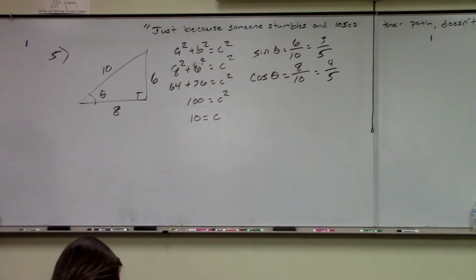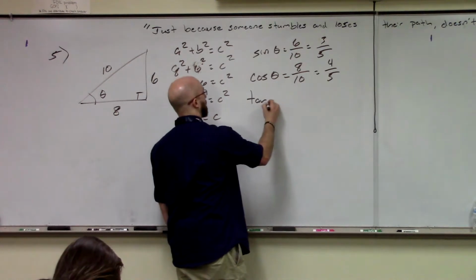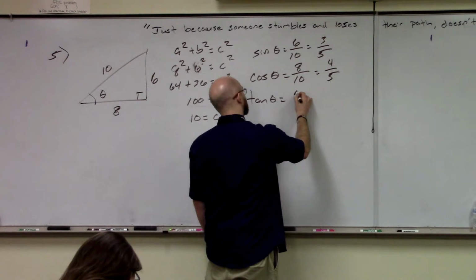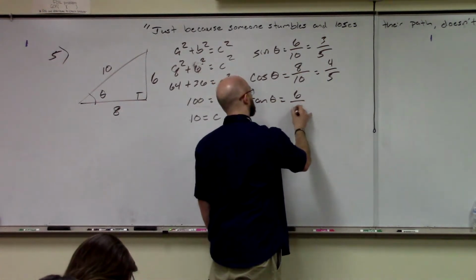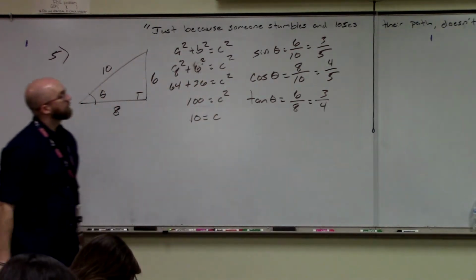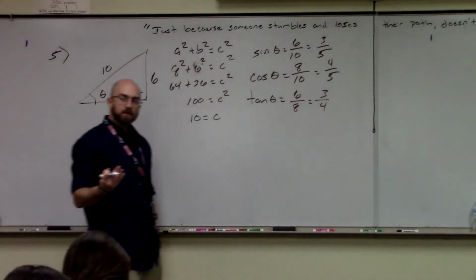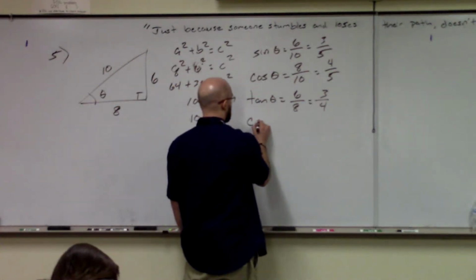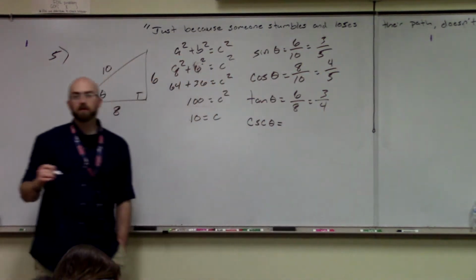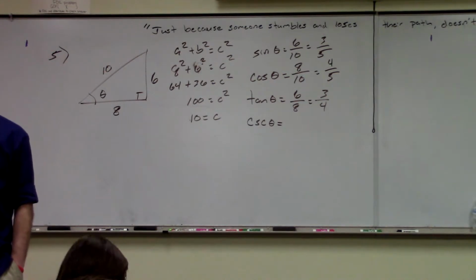Tangent's what? Opposite over adjacent. 6 over 8. 6/8. 3/4. Then our next one will be cosecant, right? And cosecant of theta is equal to what? What did I tell you about that word?